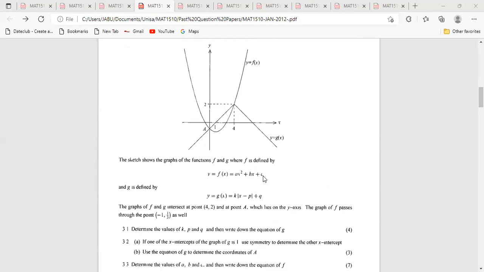3.3. Right, 3.3. So we have three unknowns here.